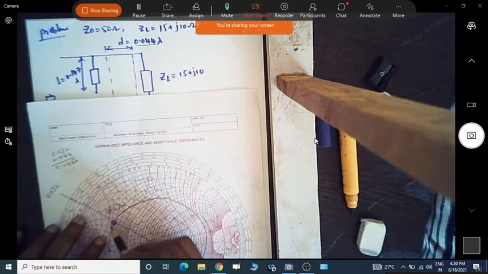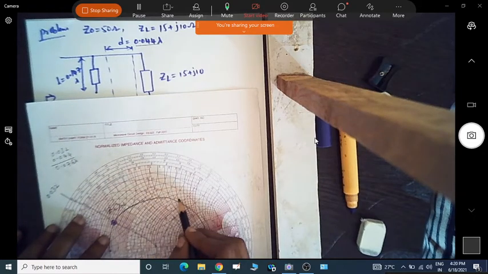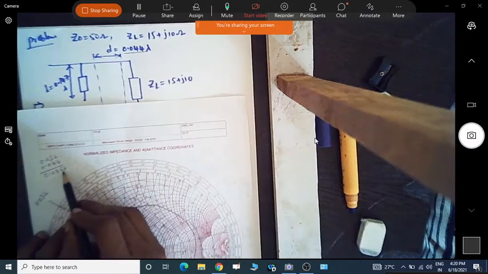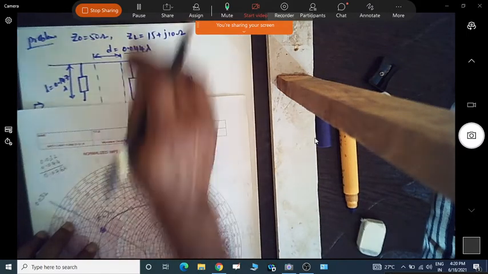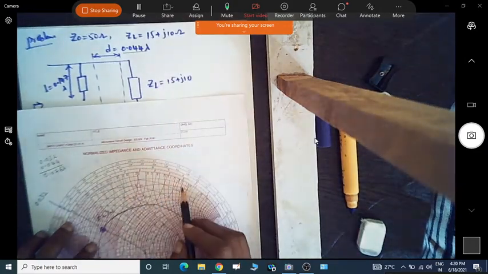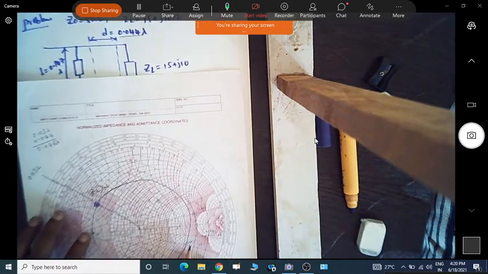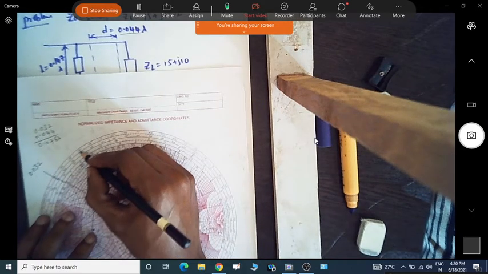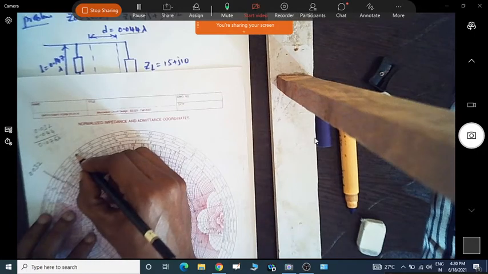So now we have to move on the constant VSWR circle till the value where we will going to get the 0.076. Okay, so that we have to do. So now we can see where it is. So here you can see 0.008 it is there. Okay, 0.076 is this point.